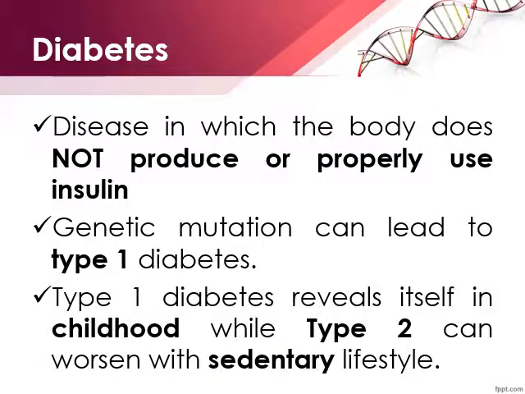We also have the most common one, diabetes. It is caused by not producing or not properly using insulin in our body. Genetic mutation can lead to type 1 diabetes. Type 1 diabetes, or juvenile diabetes, reveals itself in childhood, while type 2, or non-juvenile diabetes, worsens with a sedentary lifestyle. Again, type 1 is more on genetic mutation, while type 2 is because of a sedentary lifestyle.